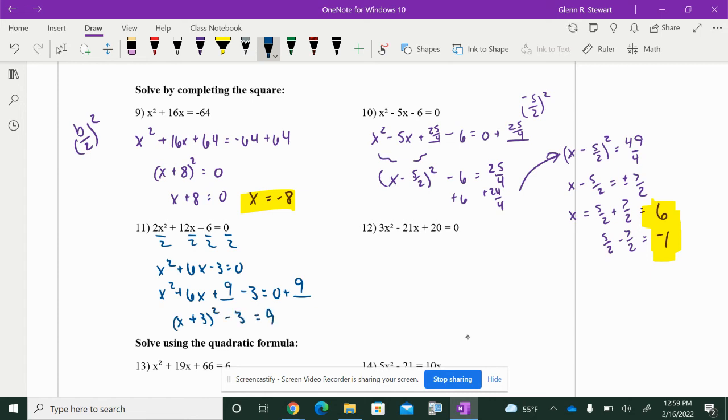I'm going to move the 3 over to the other side. I'm actually going to work this way. So I've got x plus 3 squared is equal to 12. And then I'm going to take the square root of 12, which when simplified gives me plus or minus 2 root 3. So then x is equal to negative 3 plus or minus 2 root 3.